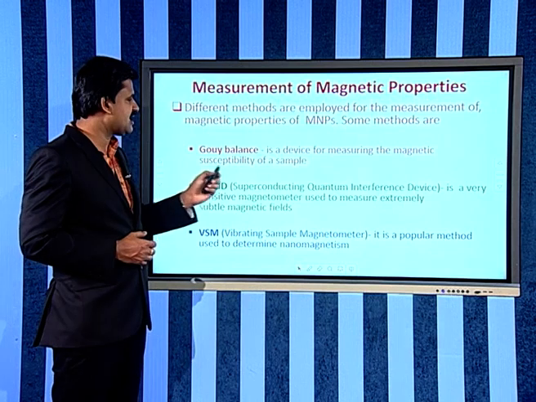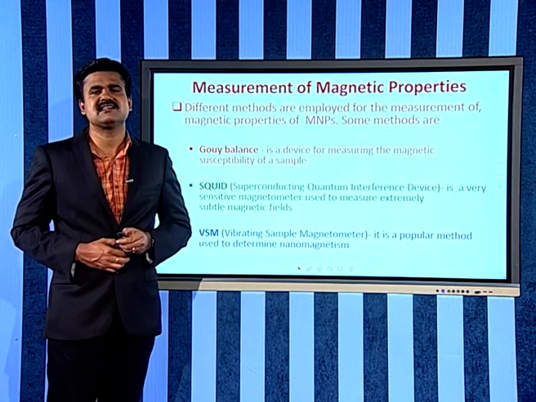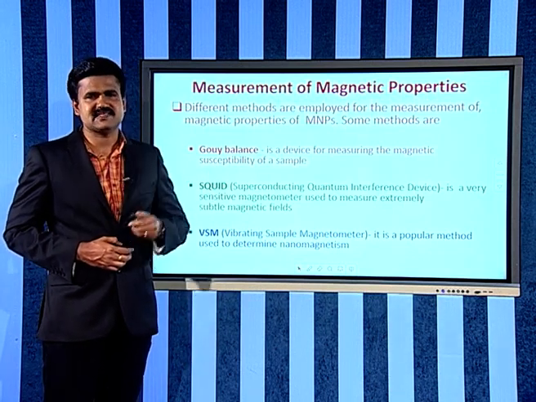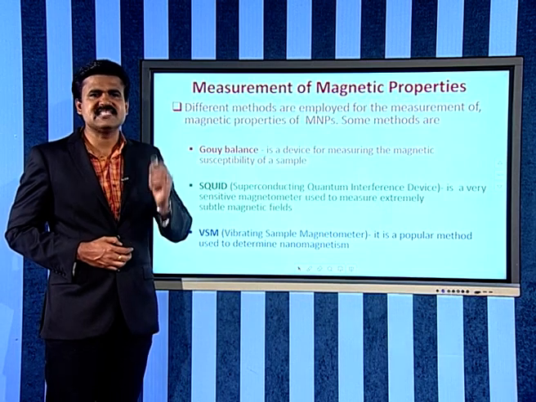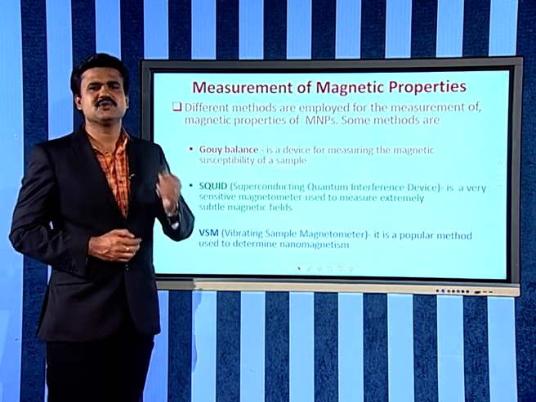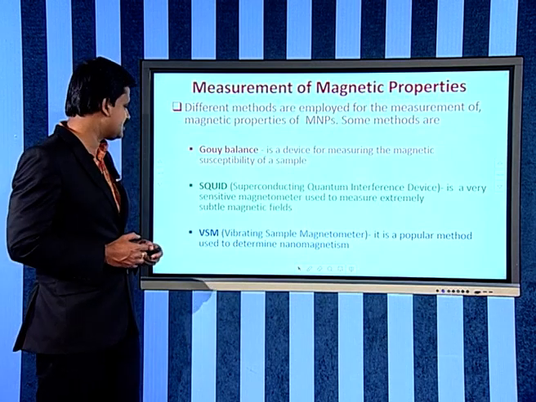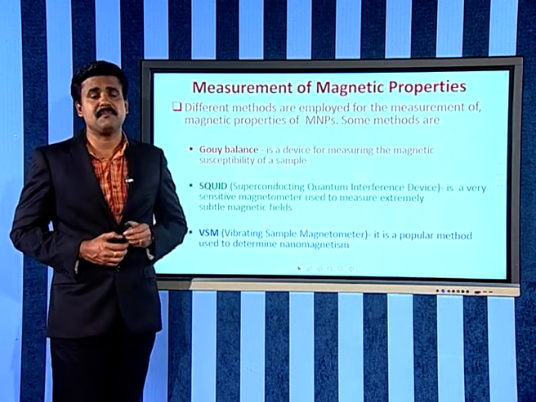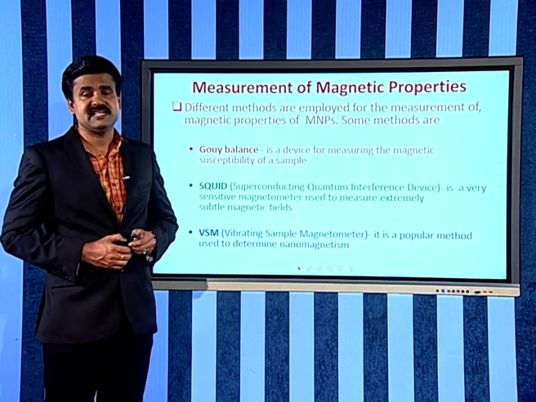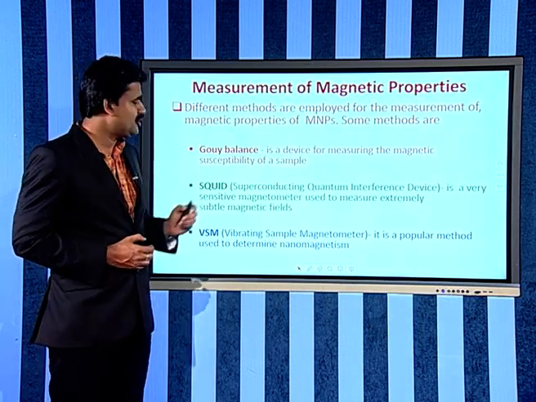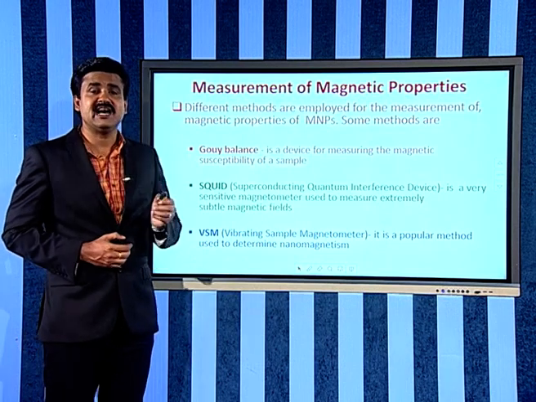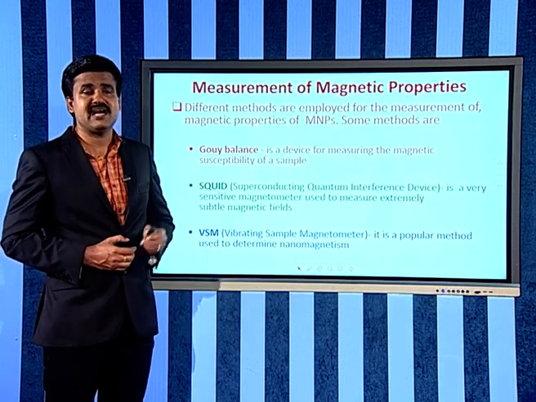SQUID, superconducting quantum interference device. It is an advanced instrument, a very sensitive magnetometer used to measure extremely subtle magnetic fields. Vibrating sample magnetometer, VSM. It is a very popular method used to determine nano level magnetism or nanomagnetism.